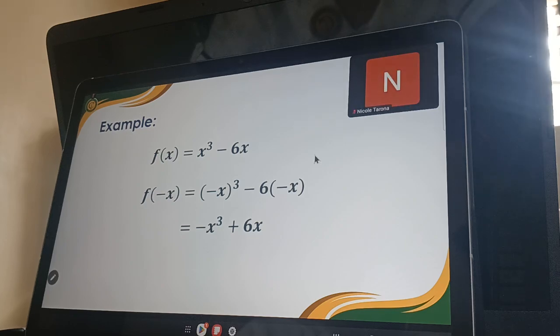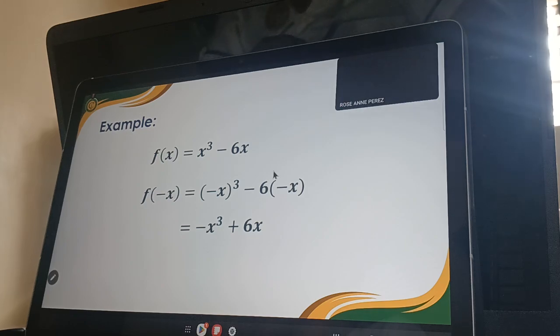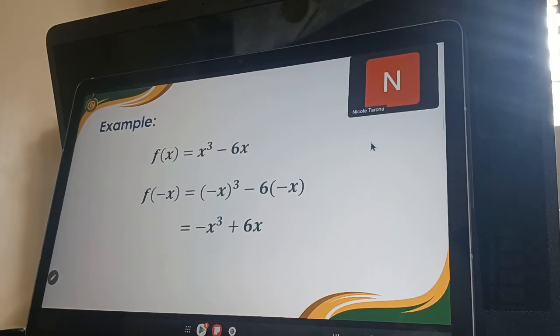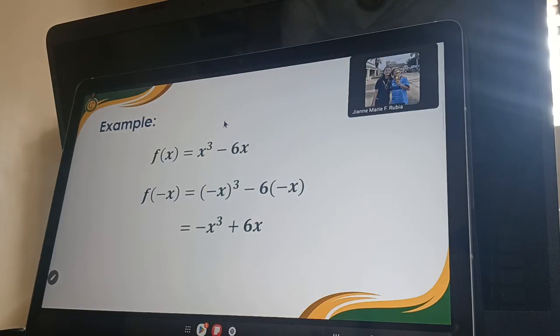Okay, explain to me why you chose that. Again, Nicole. The answer is not the same as the given, miss. Therefore, it is odd. Okay, so what do you think this function is? Even or odd? Odd.